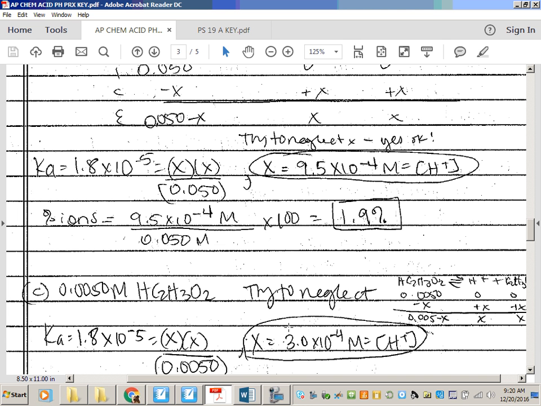Okay, so they all have to equal Ka, right? Ka is the point at which Q stops shifting right. If Q is ever less than K, in any situation, that means we don't have enough products, and not enough products means you need to continue to proceed right. I'm just going to use A minus as my anion. If you have a dilute sample, meaning a lot of volume of water but not so many ions, the value of the numerator is going to be really low.